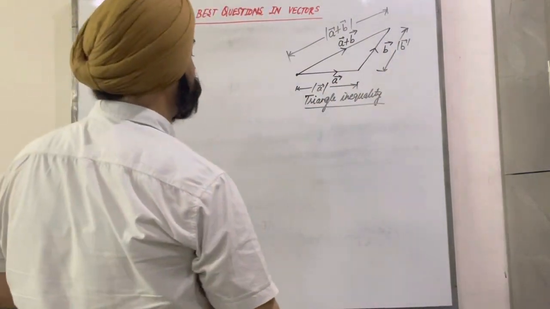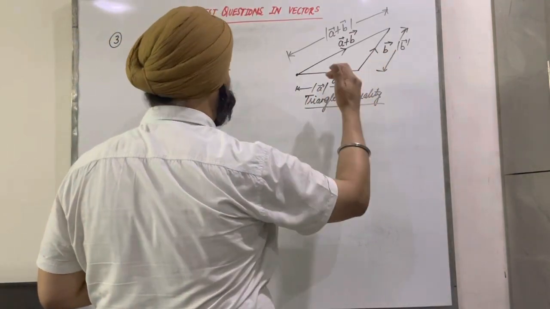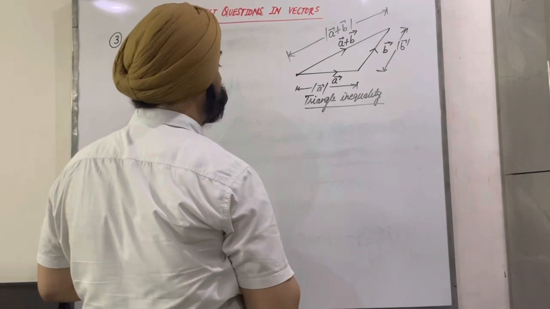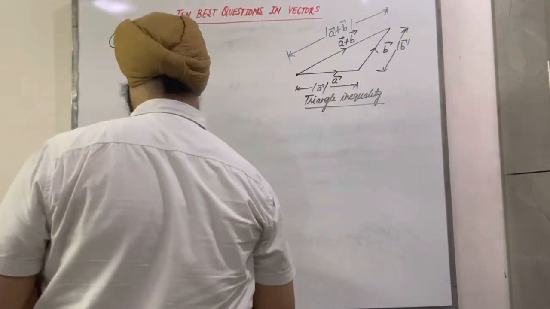Now, as per the triangle inequality, the sum of two sides of a triangle is always greater than or equal to the third side. So this is what we are going to prove in case of vectors.